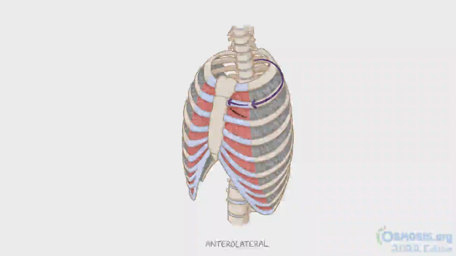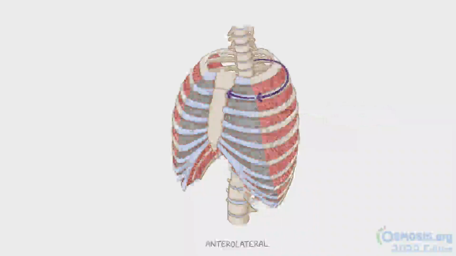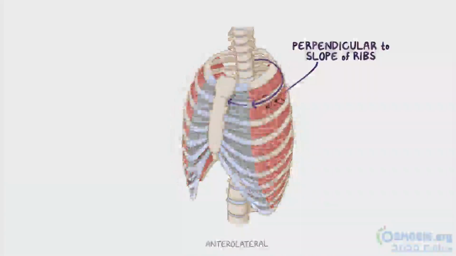Therefore, their fibers are parallel to the slope of the ribs, and their contraction causes the hinged ribs to rotate superiorly based on their biomechanical pull. The interosseous part of the internal intercostal is lateral to this low point, causing its fibers to be perpendicular to the slope of the rib, and contraction of these fibers rotates the ribs inferiorly, pulling them down.